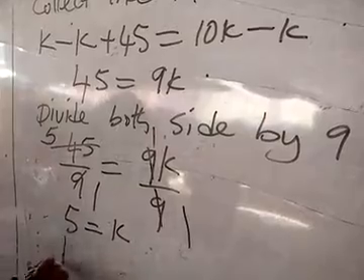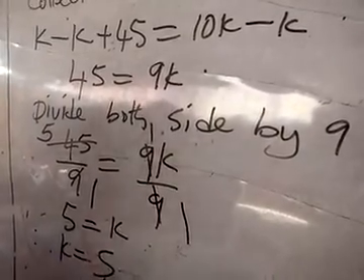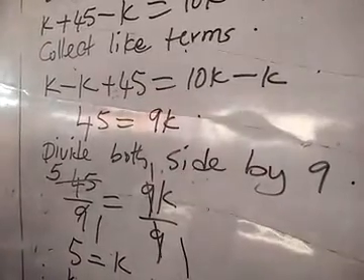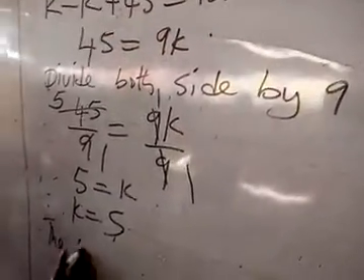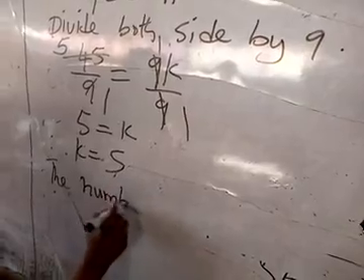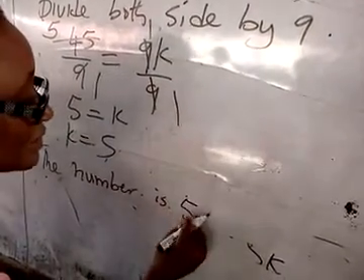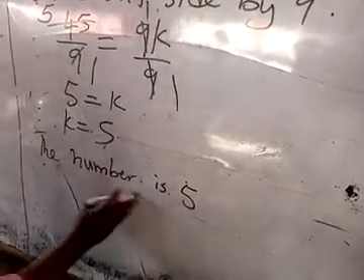So therefore your k is 5. So the number you are looking for is what? Not k. The original number is 5.